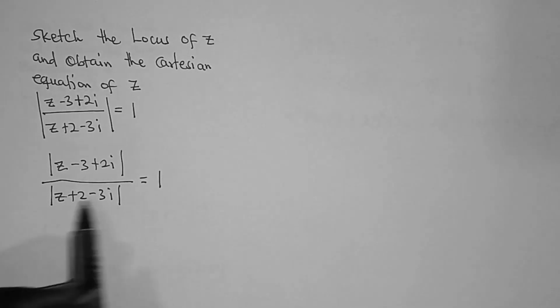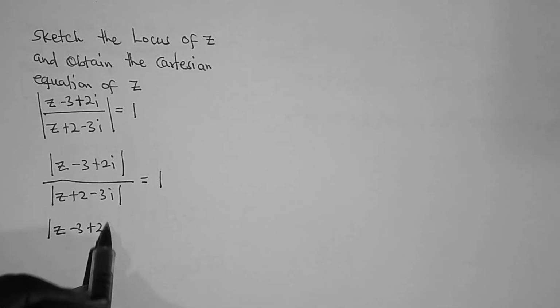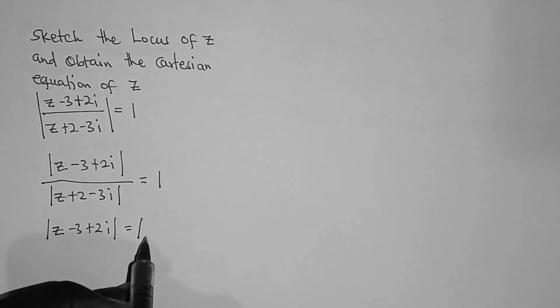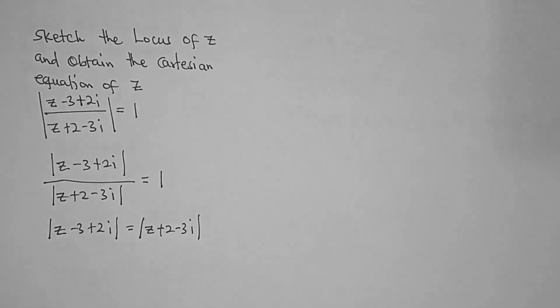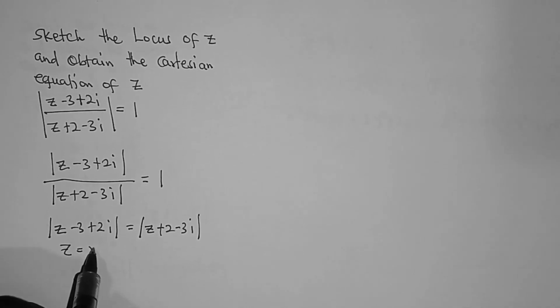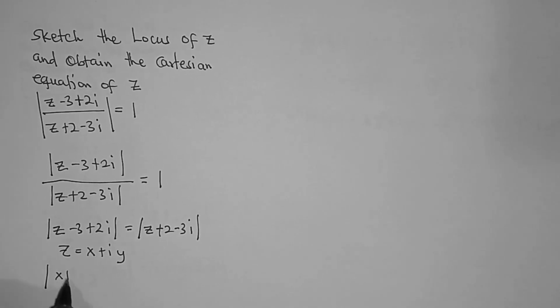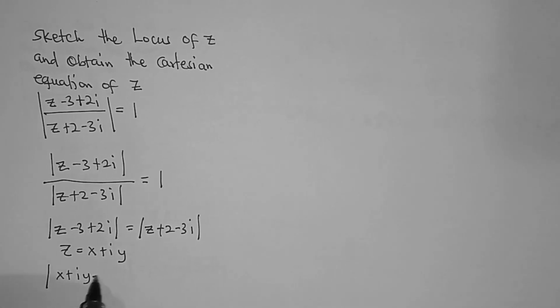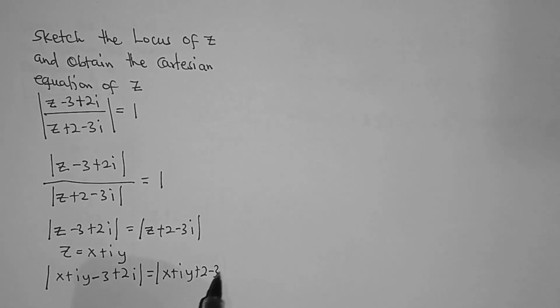If you multiply the denominator by both sides, it becomes the modulus of z minus 3 plus 2i equals the modulus of z plus 2 minus 3i. So let's insert z equals x plus iy, and therefore this becomes the modulus of x plus iy minus 3 plus 2i equals the modulus of x plus iy plus 2 minus 3i.